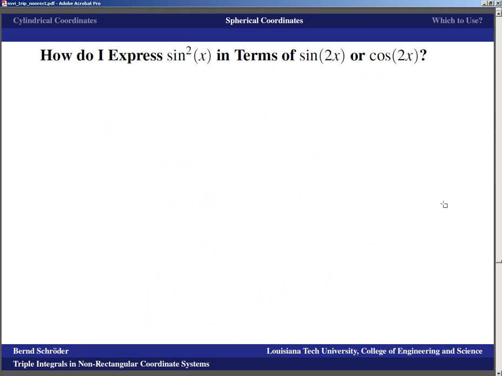Okay, what else do we have? Well, yeah, right. The sine squared in terms of sine 2x or cosine 2x. How do I express that? Well, basically, that is a trig identity that, of course, people want us to remember, but how can we do that?